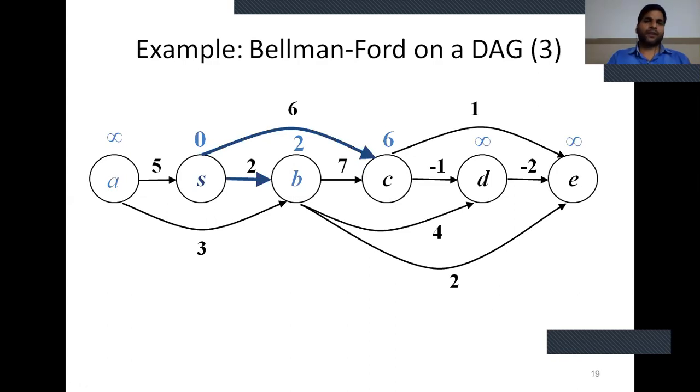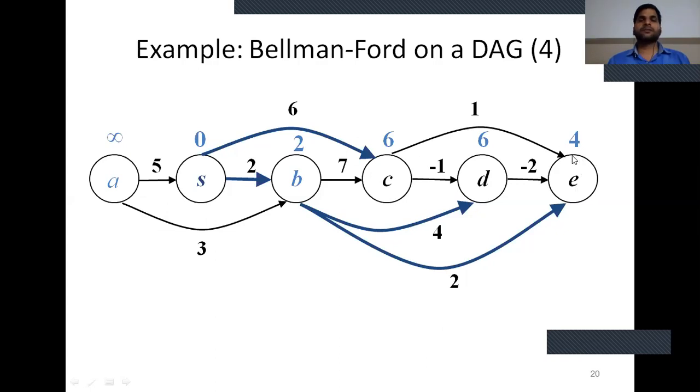Similarly, from B, 2 plus 7 gives 9, which is greater than 6, so we do not replace it. 2 plus 4, the value 6 is replaced in this graph, and 2 plus 2 equals 4, so the infinite value of E is replaced by 4.